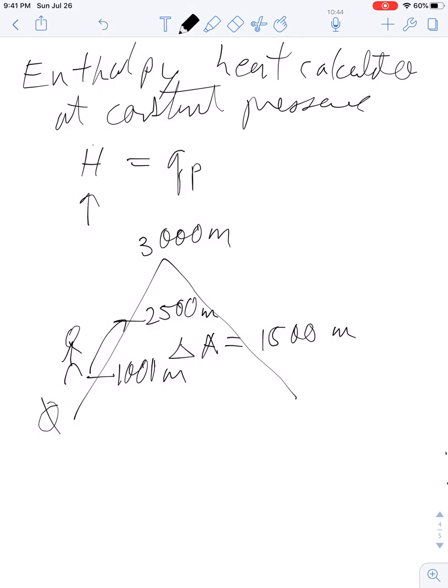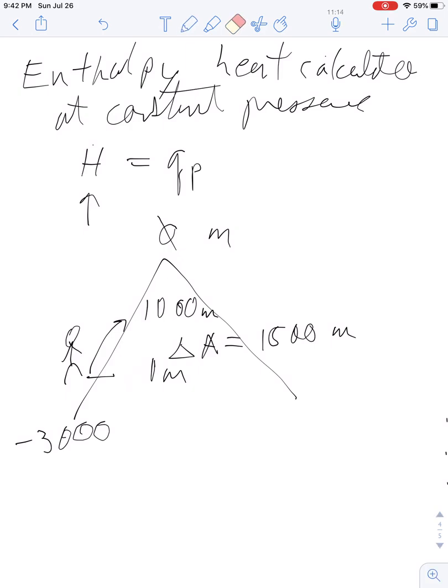Now, is that the only way you can number a mountain? No, you don't have to put the 0 at the bottom. You could, if you really wanted to, put the 0 at the top, and then this would be negative 3,000, and then this would be negative 1,000, and this would be negative 2,500.